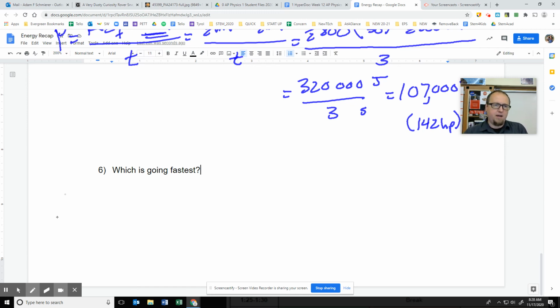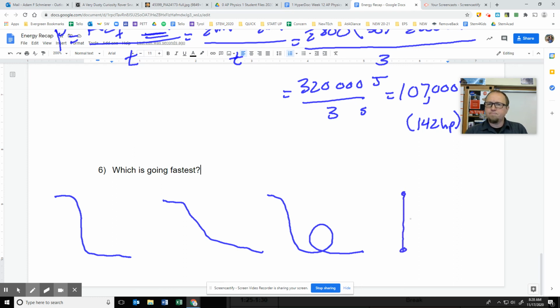We've got a slide that goes steep like this. Another slide goes shallow. Another slide is a loop-de-loop. And another one, the slide just goes straight down. And the question is, which one's going fastest? So I'm going to have like a box or a car or something at the top. Which one's going fastest at the bottom?